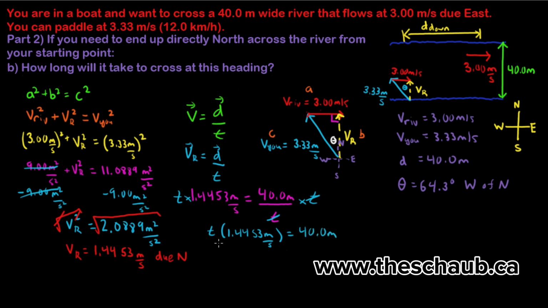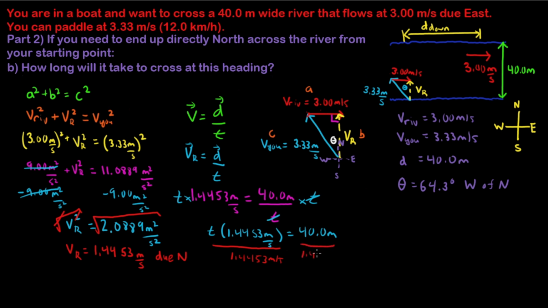Our variable t is multiplying the 1.4453 meters per second. So to get t all alone, we have to do the opposite of multiply. So we divide both sides by 1.4453 meters per second. Do the same to this side, 1.4453 meters per second. So 1.4453 divided by 1.4453 is equal to 1.